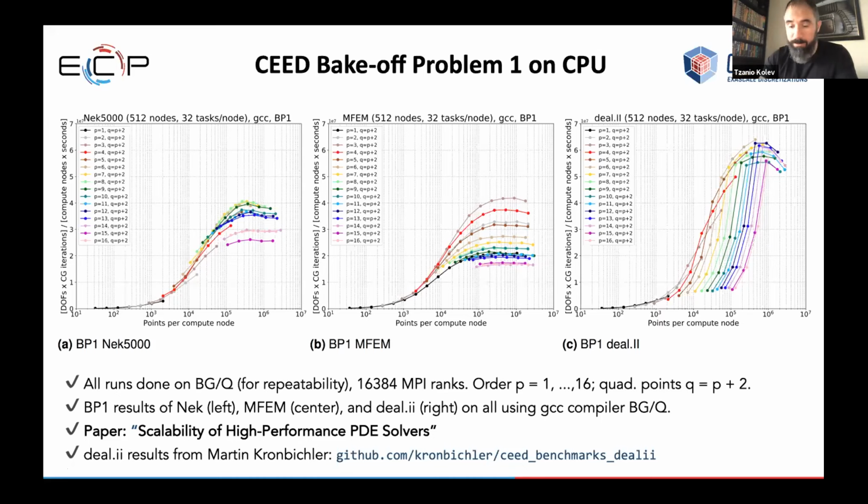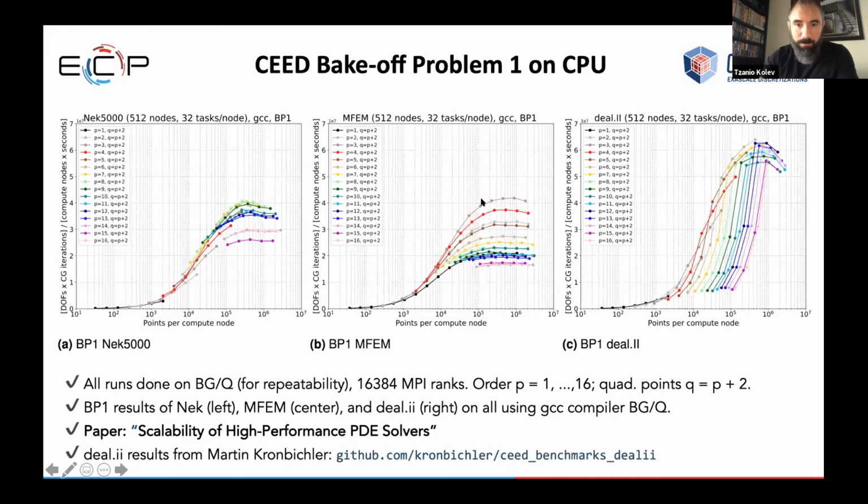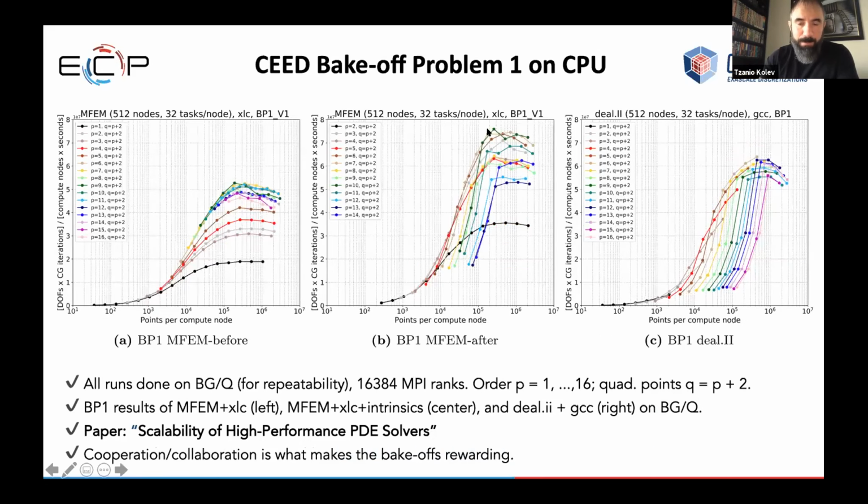We learned that. We tried that in MFM, and we went from this to this result. This is one of the benefits of this type of bake-offs. It motivates you to improve your code, and we got a code that's about twice as fast.